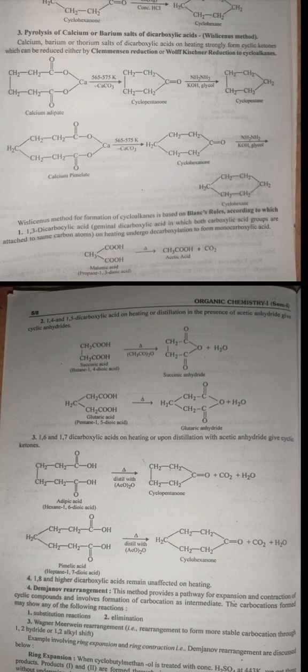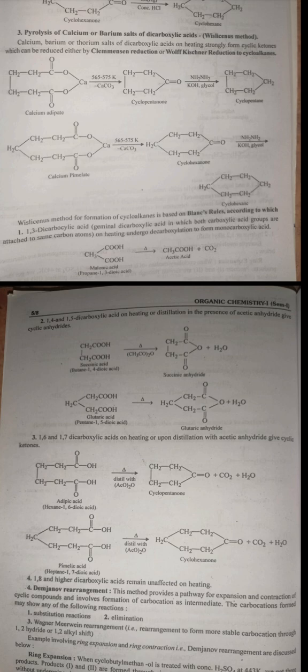Wislicenus's method for formation of cycloalkanes is based on Blanc's rules, according to which, first, 1,3-dicarboxylic acid, the geminal dicarboxylic acid in which both carboxylic acid groups are attached to the same carbon atom, on heating undergoes decarboxylation to form monocarboxylic acid.